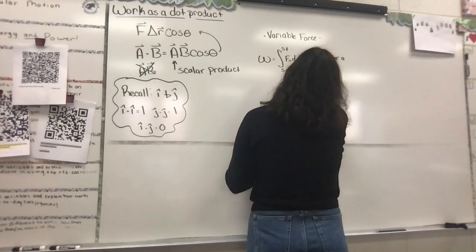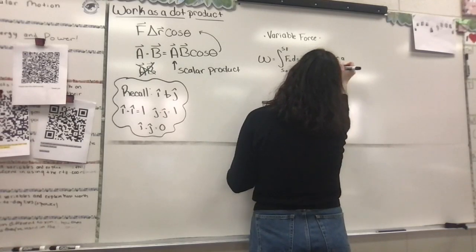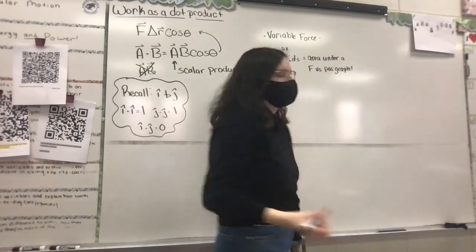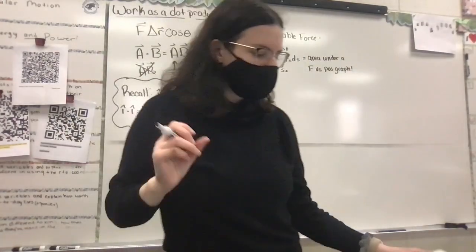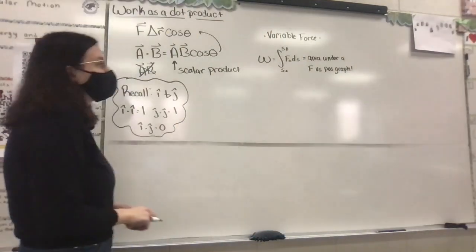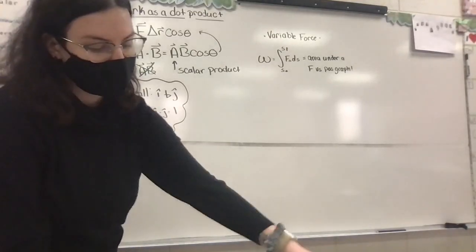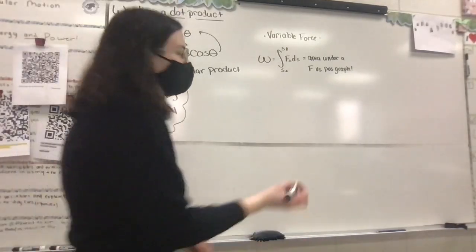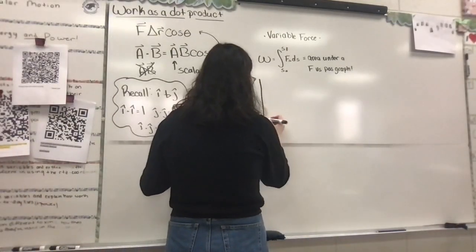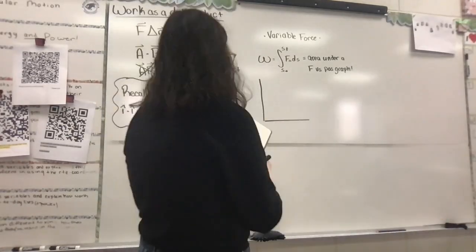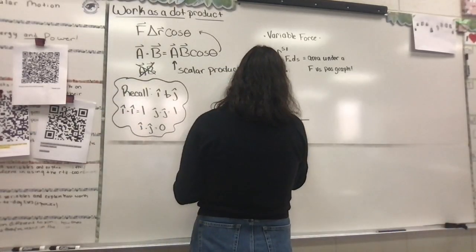Sounds familiar. So you no longer get to take the force out of the integral. It's no longer considered a constant. So let's start with a pretty basic graph to sort of get our feet wet with this, okay?